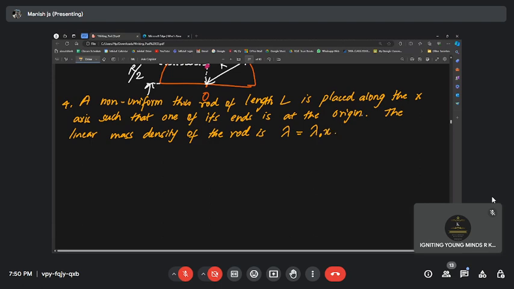Okay. Find the distance of the center of mass of the rod from the origin.